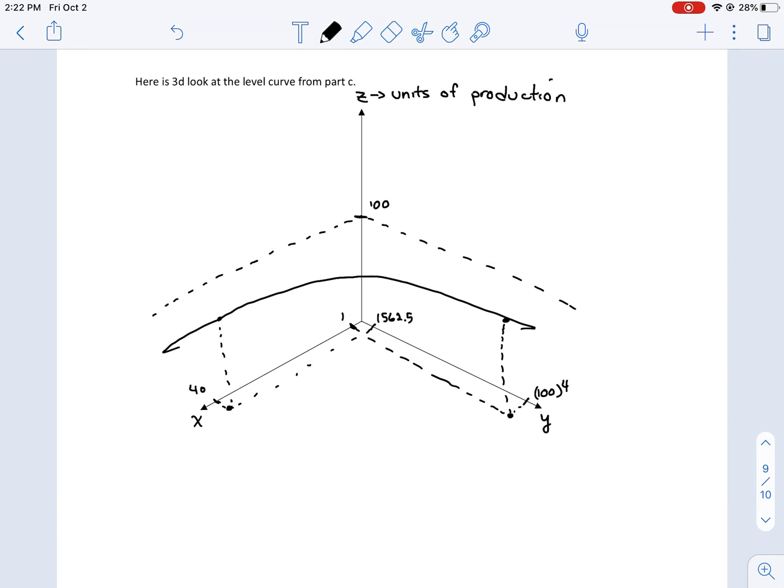So the level curve, which is the solid black line, will be on the same plane as these two dashed lines here. So this is the coordinate 40, 1562.5, 100. And this is the coordinate 1, 100 to the 4th power, 100.